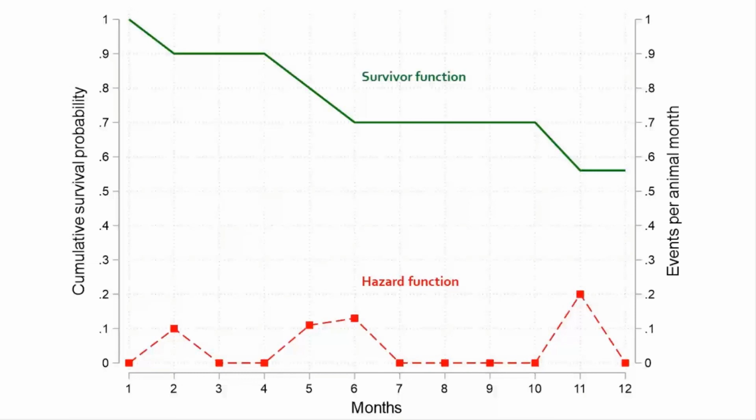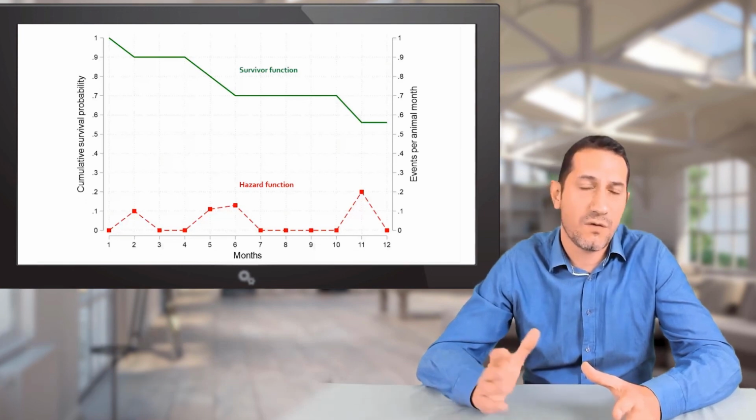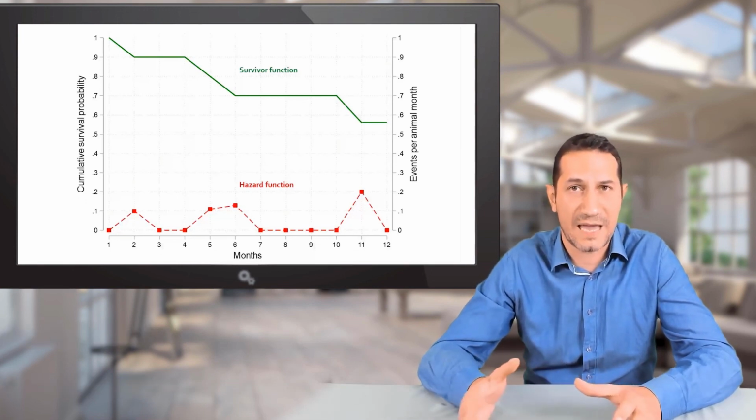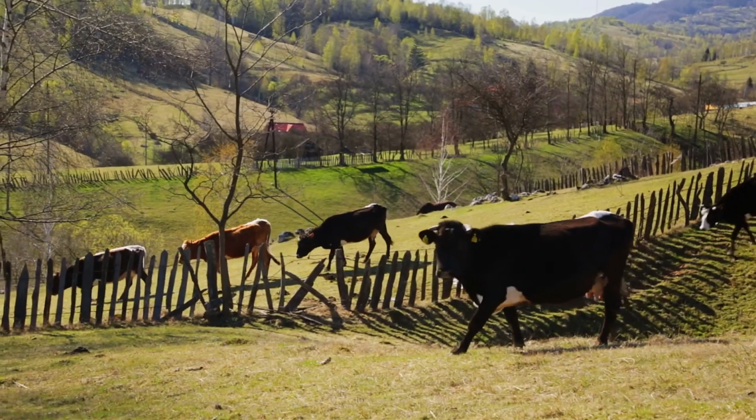And this is the probability of a cow to survive from anthrax in an infected or contaminated pasture beyond 1 year. It would be, as we said, 56%. While the hazard function shows the force of mortality, or let's say the rate of death of an animal at a given time, and so we see that depicted in the graph in red.